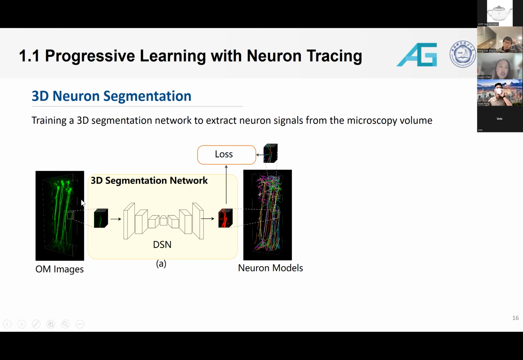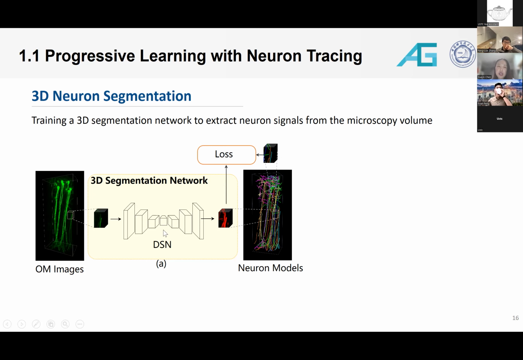Usually, if we want to do neuron reconstruction from a volumetric OM image, we first segment the signals of the neurons, then do some global tracing of the skeletons of each neuron. But in order to train the 3D segmentation network, we need volumetric, voxel-wise labels of the neural signals.